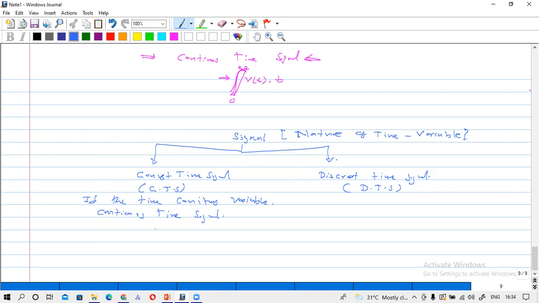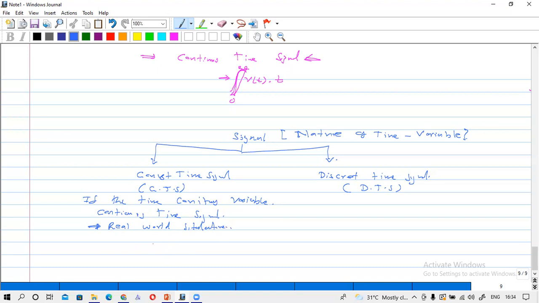At this point, please try to get the idea. If the time is a continuous variable, we call this a continuous time signal, and in many cases this is the actual, real world situation.